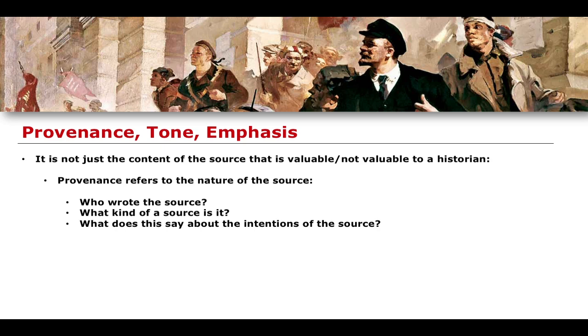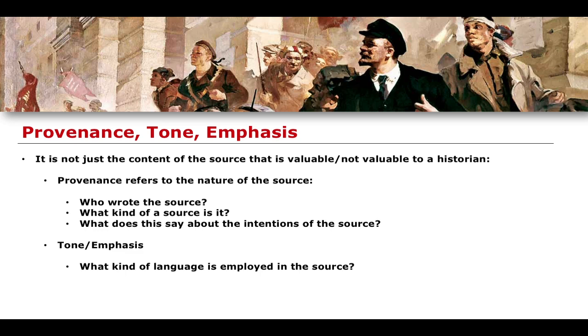Does the type of source and who wrote the source say something about the intentions of the source? If it was a speech, is it a source to persuade, to inform a broader audience? If it was a confidential letter, does it give a private opinion rather than something that is positive and popular and public? All of these things are questions that you can ask about every single source that you are given.